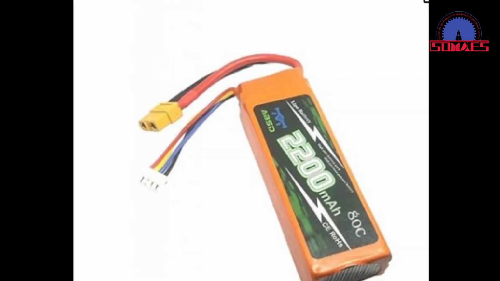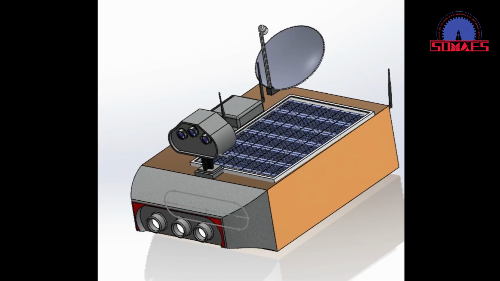The main source of power for this kind of robot is a lithium polymer battery. The lithium polymer battery is rechargeable and can deliver high power while taking up little space. Similarly, the main chassis of the robot is provided with solar panels. The solar panels help recharge the lithium polymer battery of the robot. Also, the drone is equipped with a charging feature.